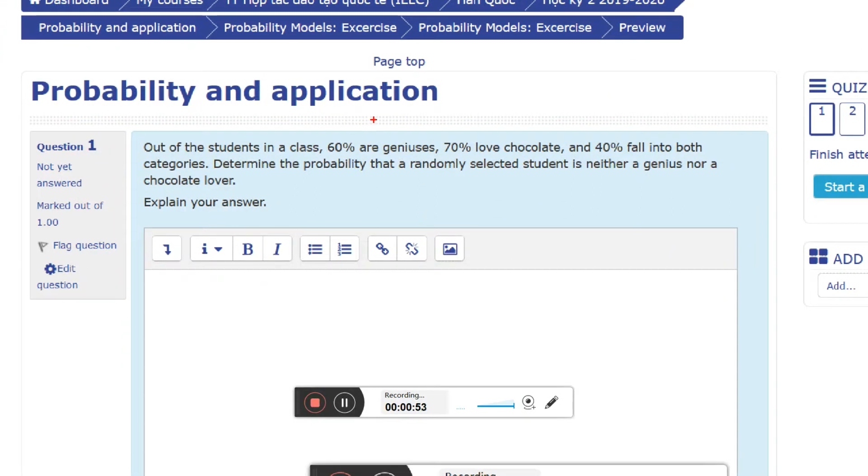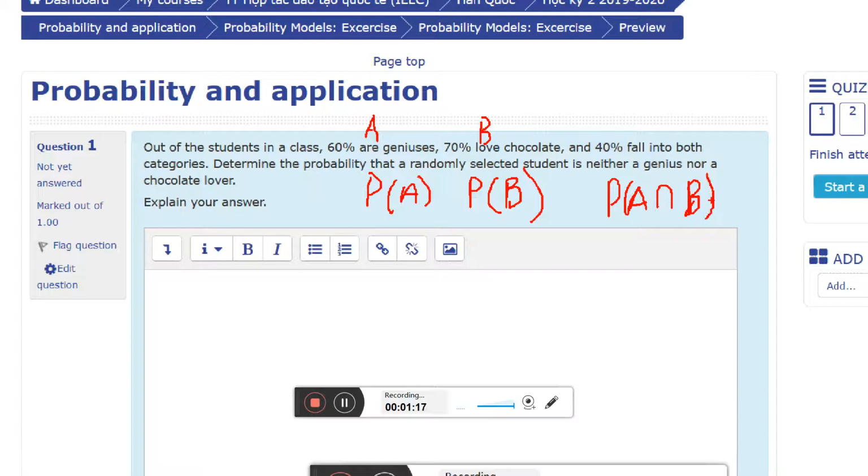First of all, I call it the A event and the B event, and we have the probability of A, the probability of B, and the probability of A and B. It means that they are in both categories.